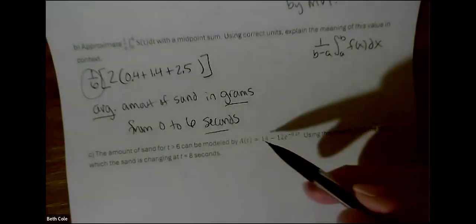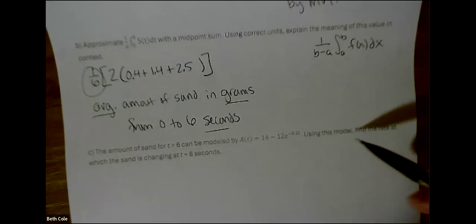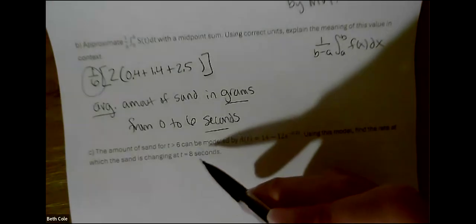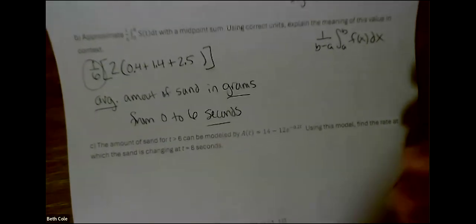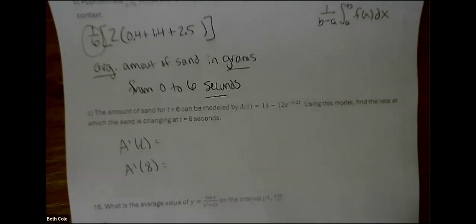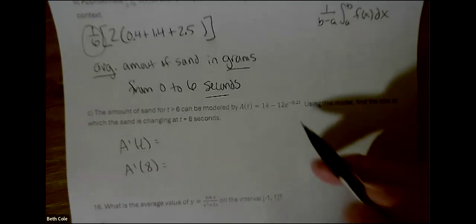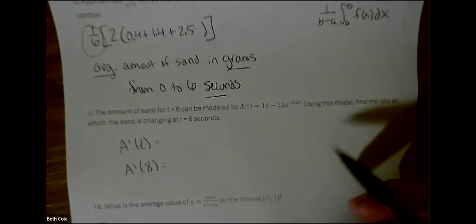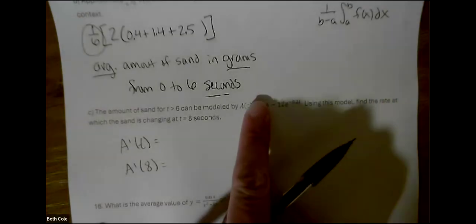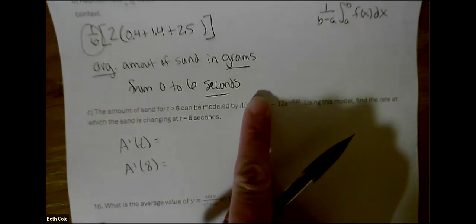The amount of sand for times bigger than 6 can be modeled by this awful thing. Using this model, find the rate at which the sand is changing at time 8. So what we're going to do is find the derivative and then plug in 8. It's non-calculator, so you can leave everything alone. Please don't overthink this because since it's e, it's actually a pretty easy question. 14 is a constant. When you do the derivative, that's going to be gone.